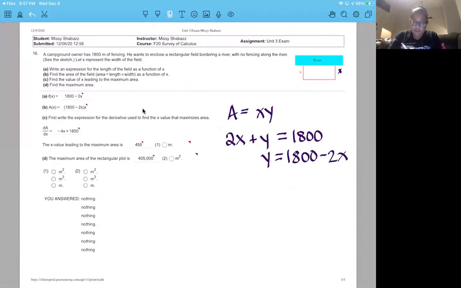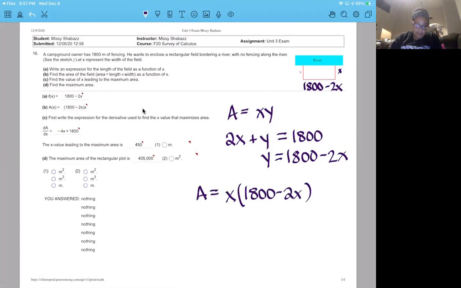So let's replace this with 1,800 minus 2x. Now they want us to find the area of the field, length times width, as a function of x. So now they want us to rewrite our primary function with just the variable x. So I have x times (1,800 minus 2x).